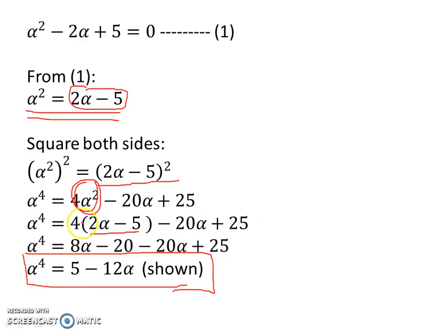By simplifying this, I get 8 alpha minus 20 alpha plus 25, and when I simplify it, I get what I want. I hope these two exercises have given you a better idea of what it means to start with what you have in order to get what you want. Thank you.